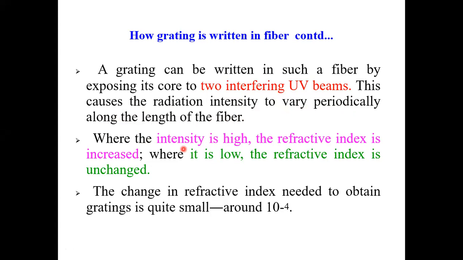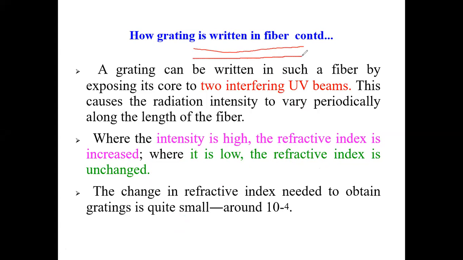Now, what actually happens with the intensity? When the intensity is high, the refractive index is increased, and where the intensity is low, the refractive index is unchanged. So by varying the intensity of the UV beam, I can decide the pattern. Suppose this is my fiber.